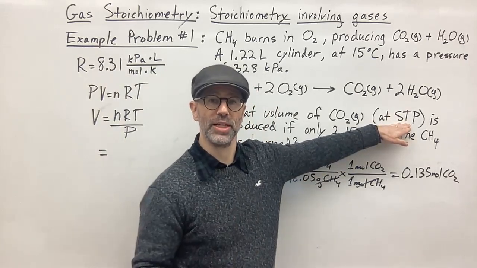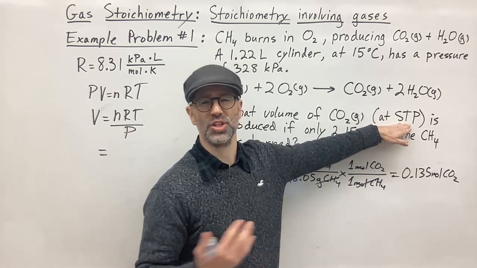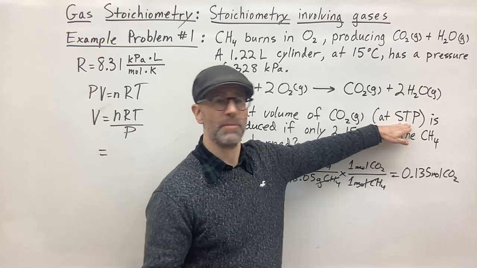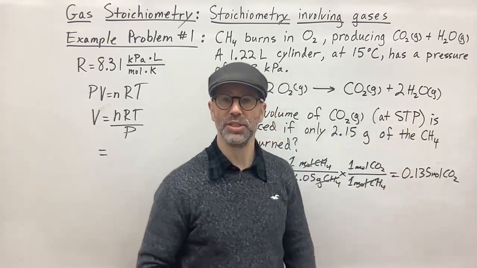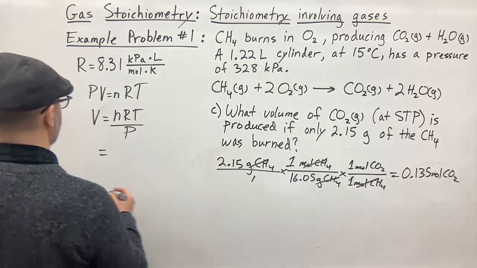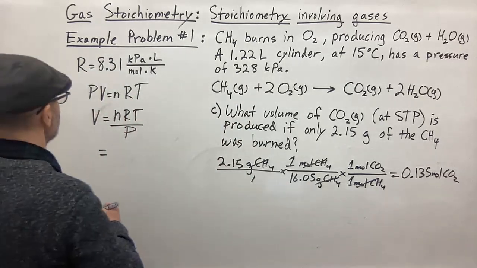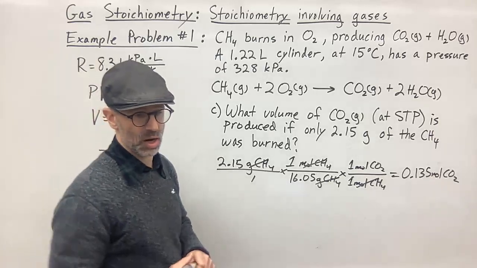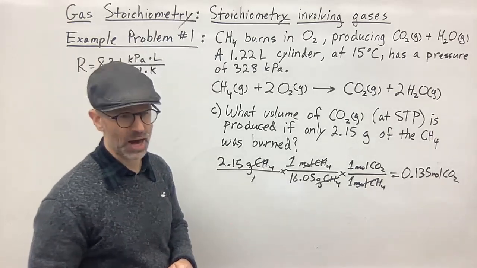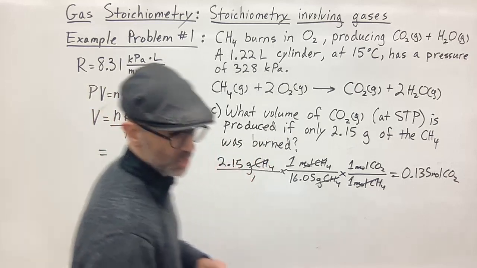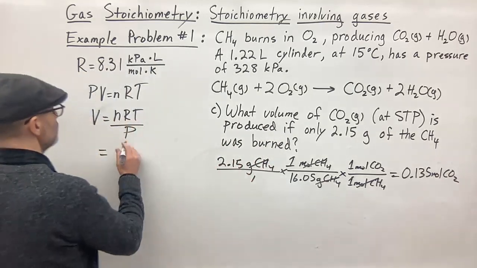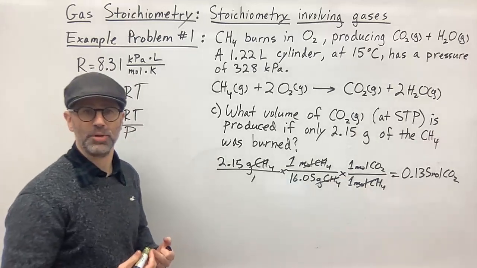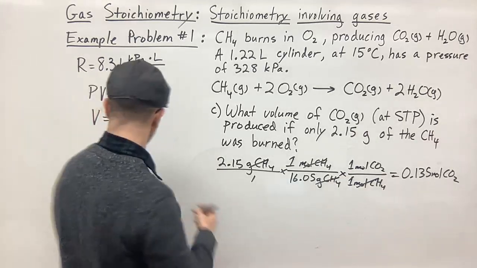So temperature is going to be 273 Kelvin or 0 degrees Celsius, but we need it in Kelvin. And pressure is 1 atmosphere, or in kilopascals, that's going to be 101.325 kilopascals. Since I have kilopascals here, I should have my standard pressure in kilopascals.